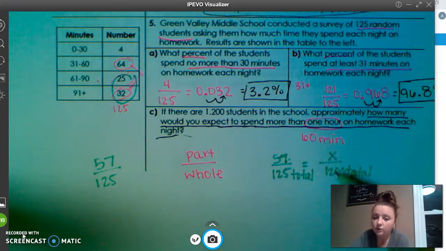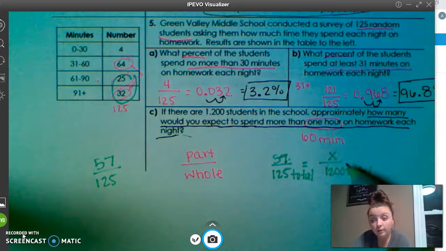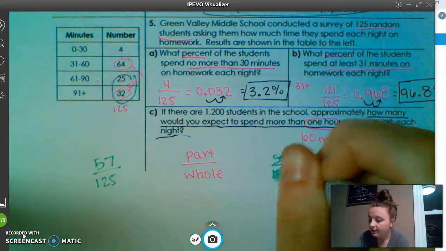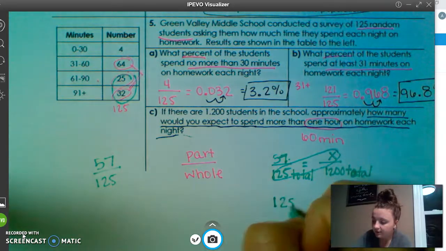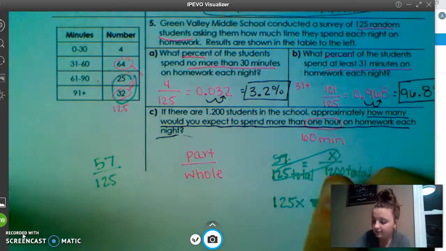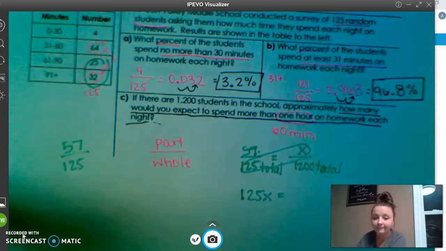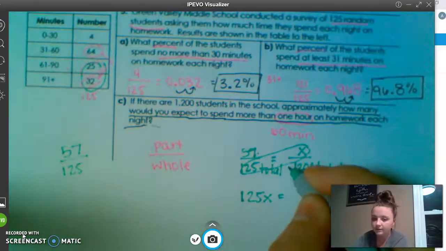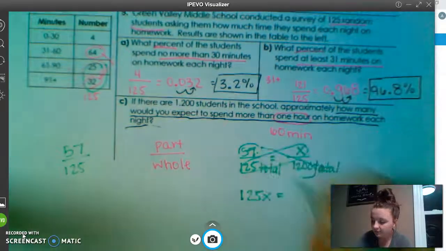And remember that you can either scale up or you can cross multiply. So if we cross multiplied, you would do 125 times X, which is just 125X, equals 57 times 1,200.